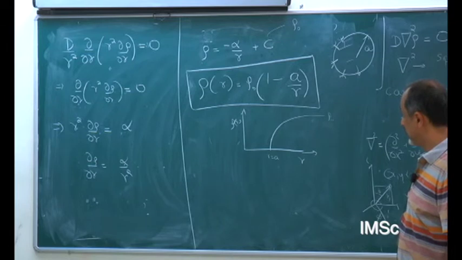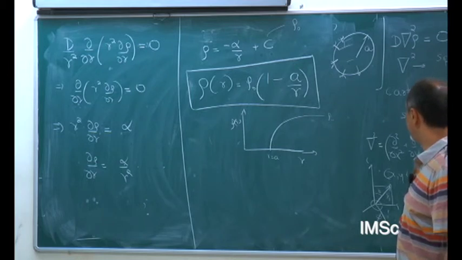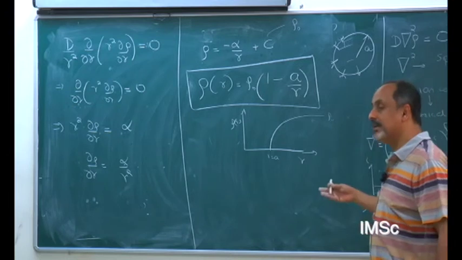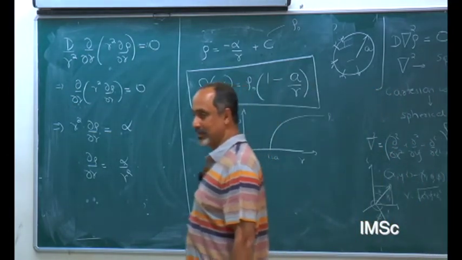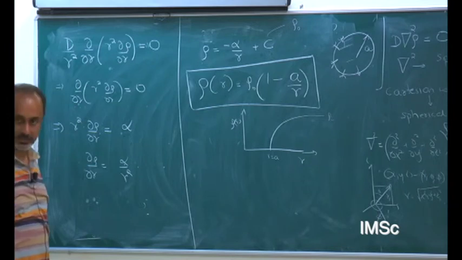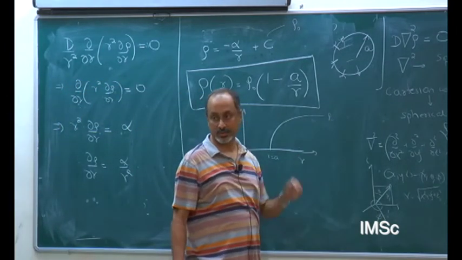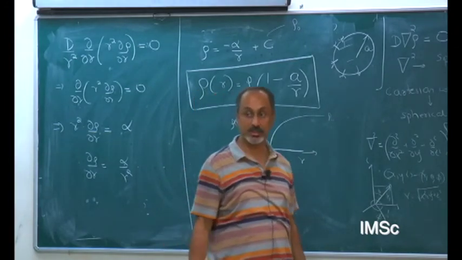It could have been increasing like this and saturate. That is true. Try and plot it and see. Use MATLAB to plot it and see what it should look like. If we need to correct this, we can correct it. Right now, I just wanted to emphasize the fact that it was 0 here and rho naught here. I was not concentrating so much on the shape of the curve.